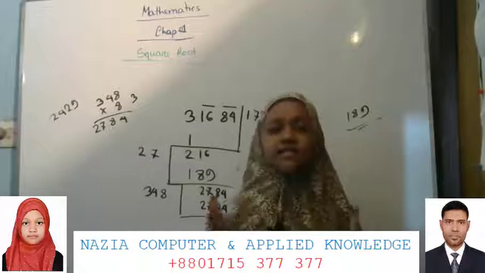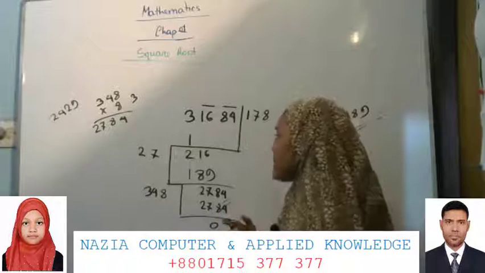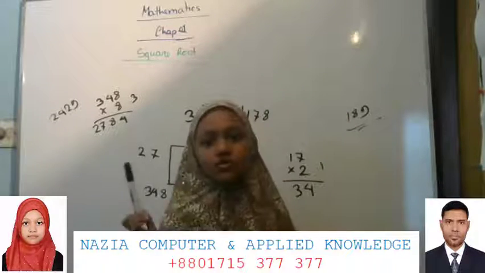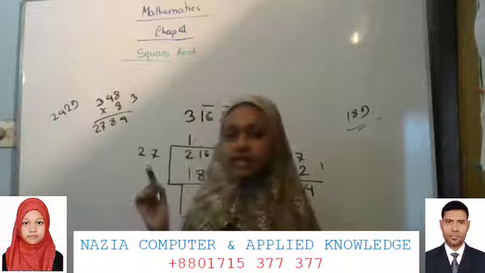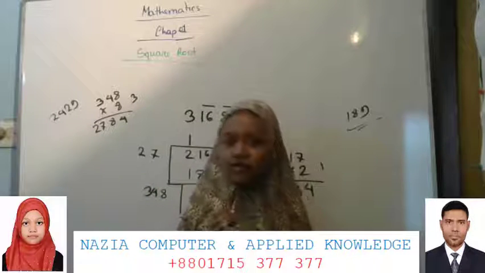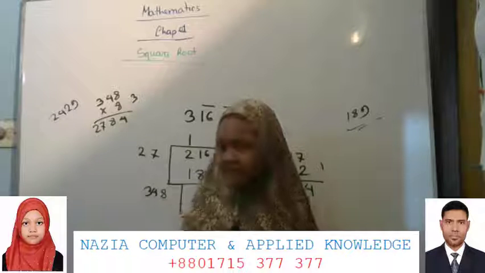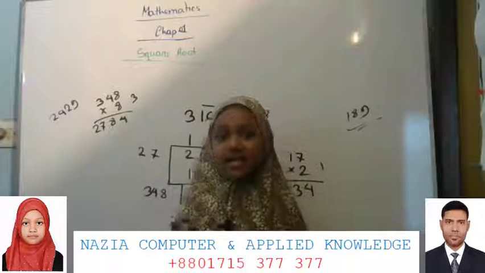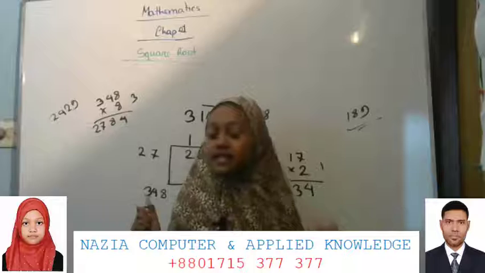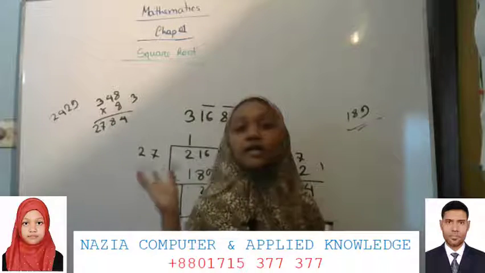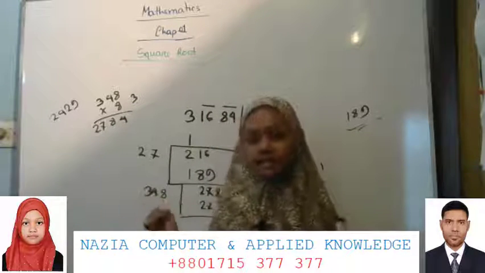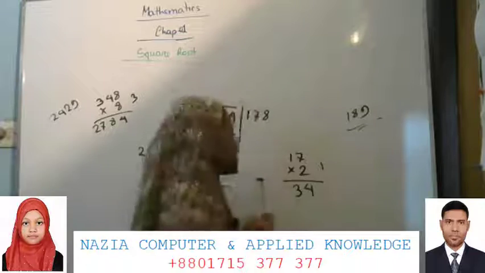These things are very important for class 7. We have learned that in the process of prime factorization, if there are pairs, then it is a perfect square number, and if a number has no pairs, then it is not a perfect square number.